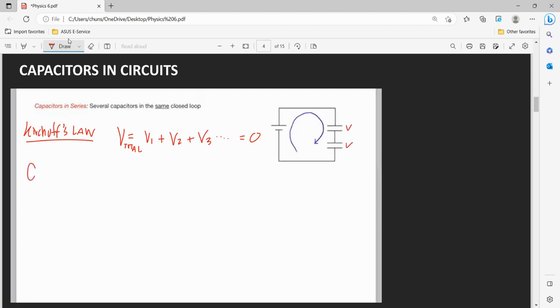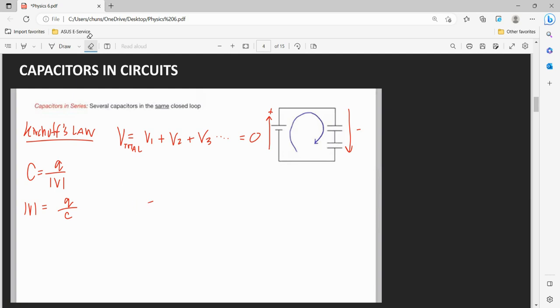Using the equation for capacitance, isolate for voltage, that is equal to Q over C. In this circuit, our charge is constant, and we want to assume some direction. If we're traveling in our loop going upwards, going uphill, this is positive, and going downhill would be negative.